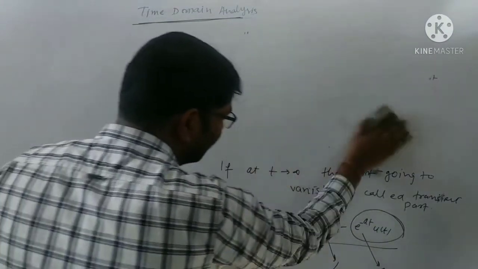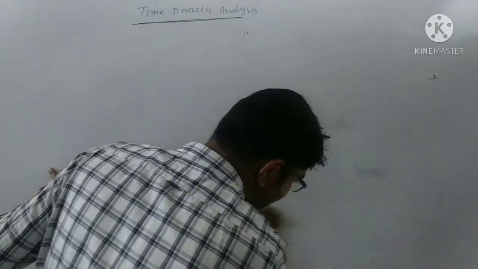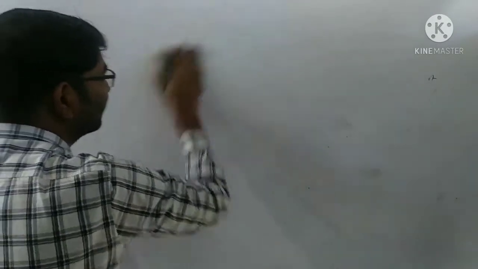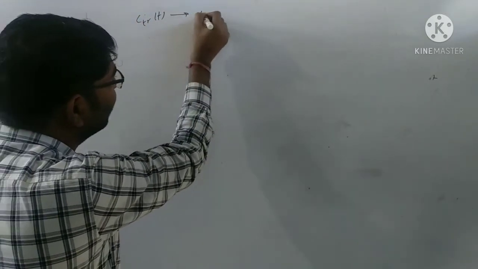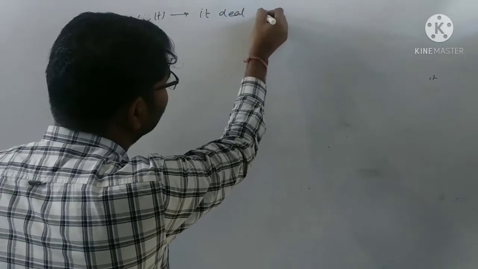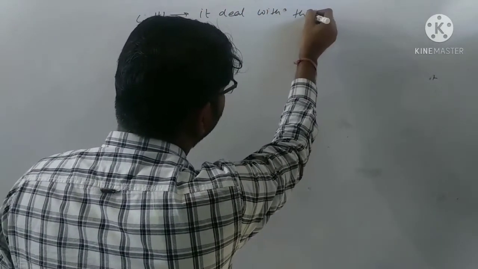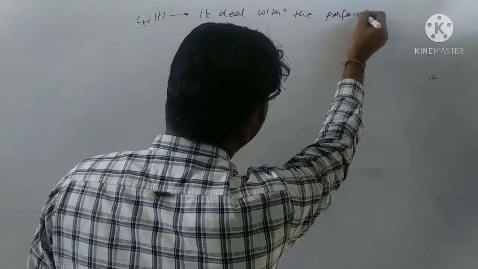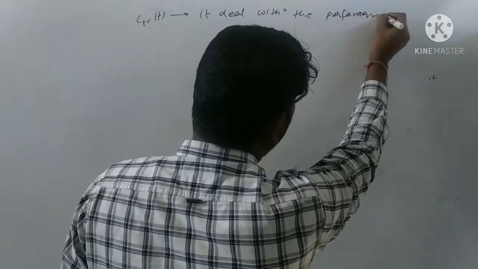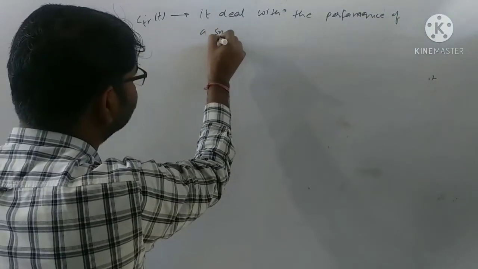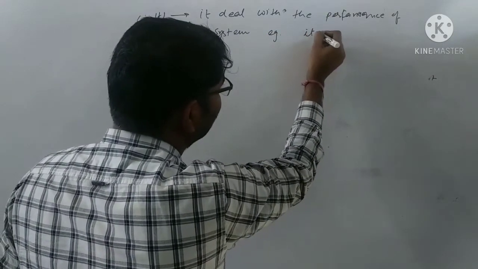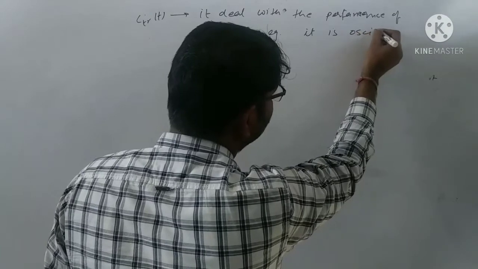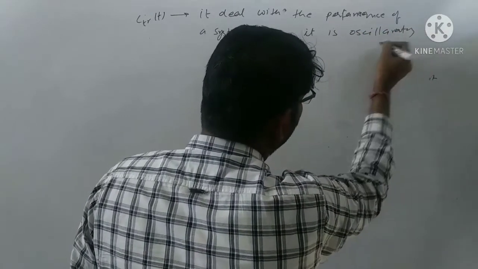Now, what is the effect of the transient response, or why is it important? C_tr(t), the transient part, deals with the performance of a system, like whether it is oscillatory or damped.